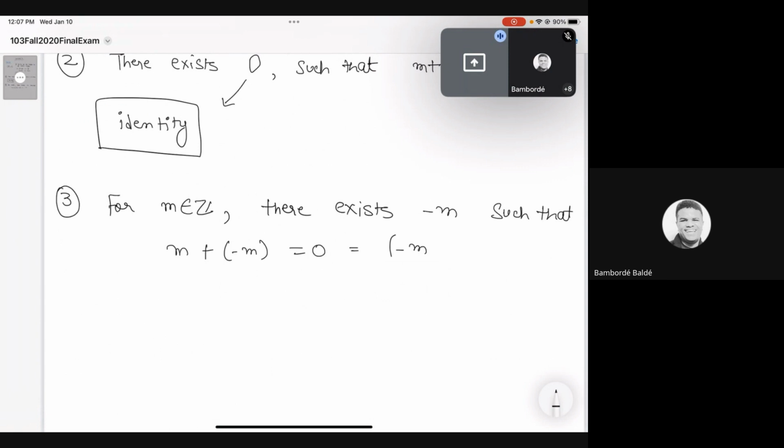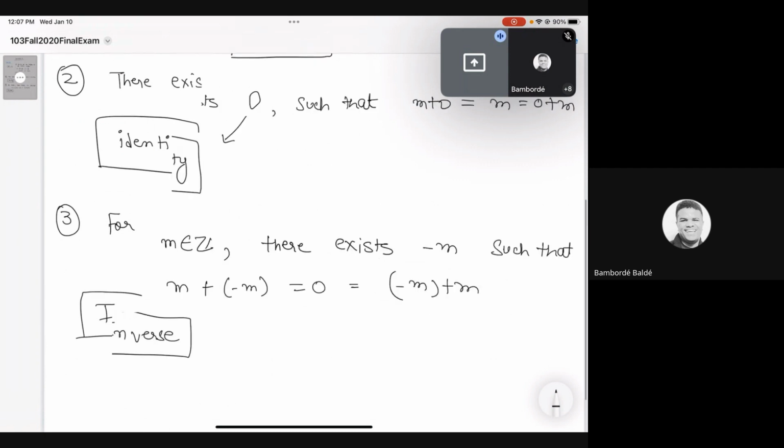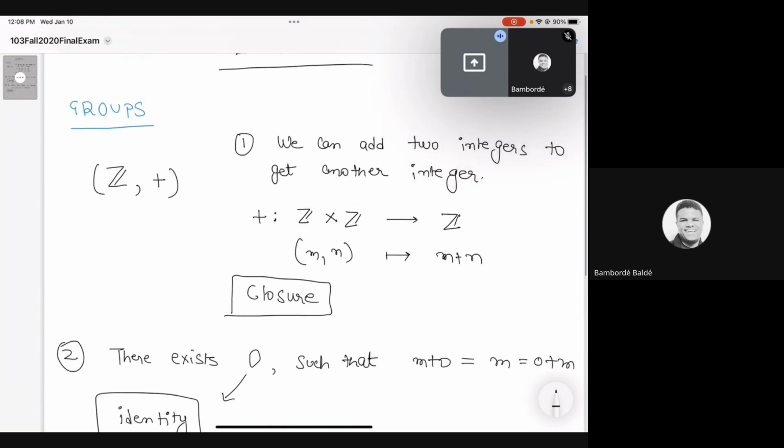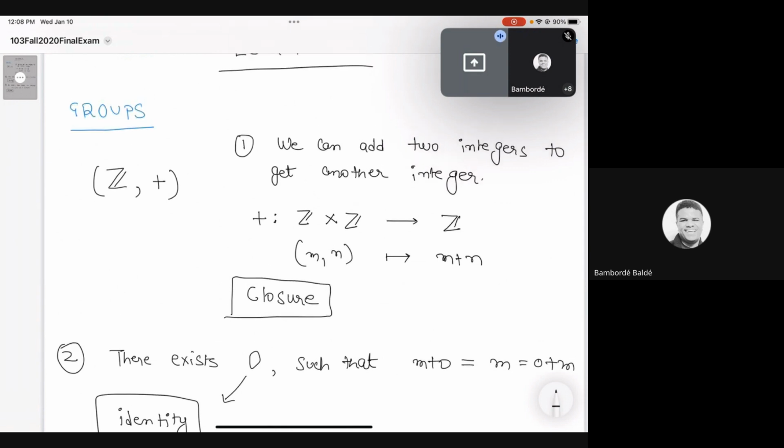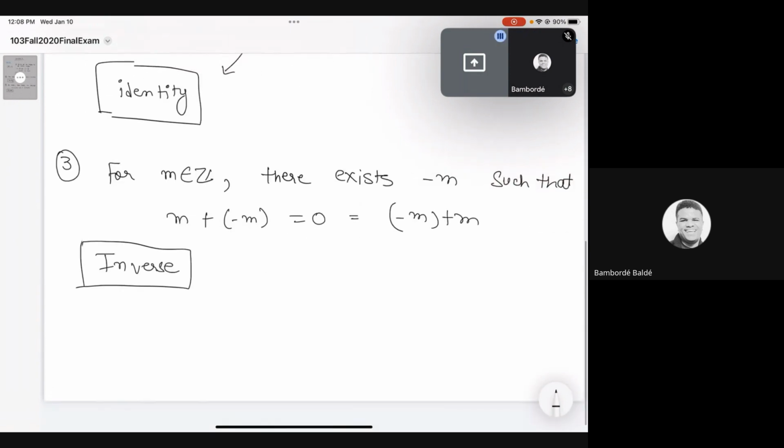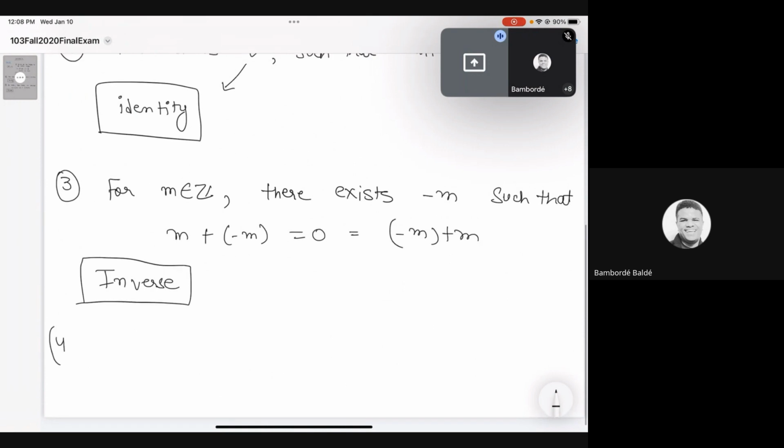Again, this works both ways. This property is called inverse, generally speaking. That means every element has an inverse with respect to the operation we are considering. Let me first finish stating what I want to state, and then we'll go into the details.